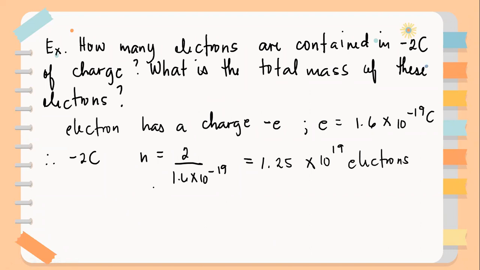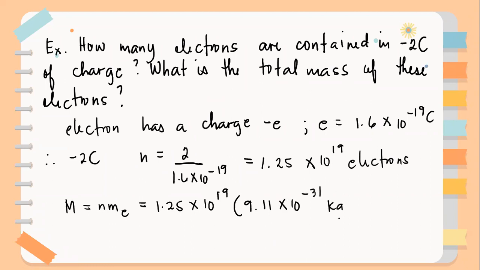Now, the mass of these many electrons: M is equal to N times the mass of an electron. We have N equal to 1.25 times 10 to the 19, multiplied by the mass of an electron, 9.11 times 10 to the negative 31 kilogram.